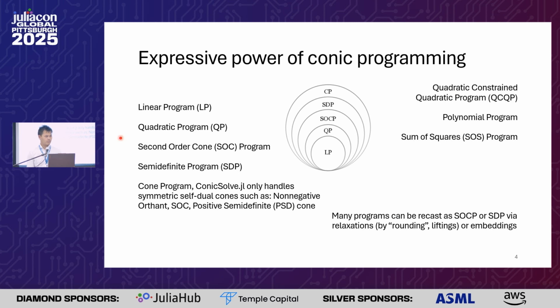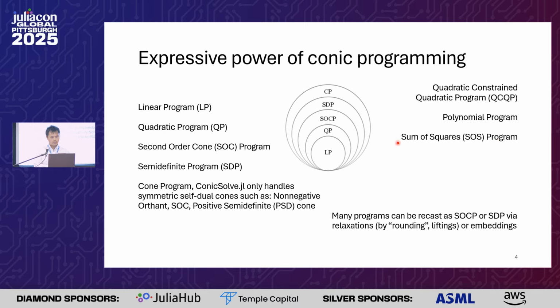What makes cone programming interesting is the expressiveness of conic optimization. This diagram depicts the various subsets of optimization problems that you come across. LP is a subset of QP, which is a subset of SOCP and SDP. And cone programming is a way to encode a lot of these different programs.